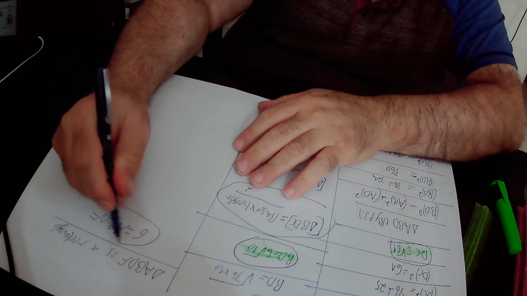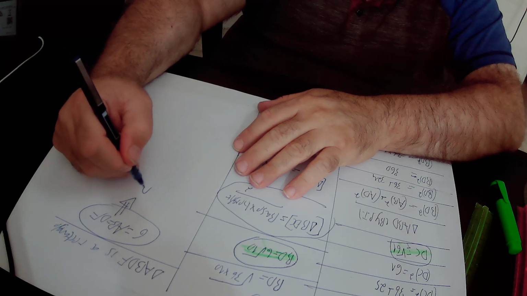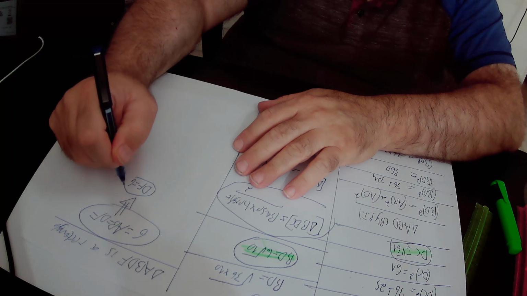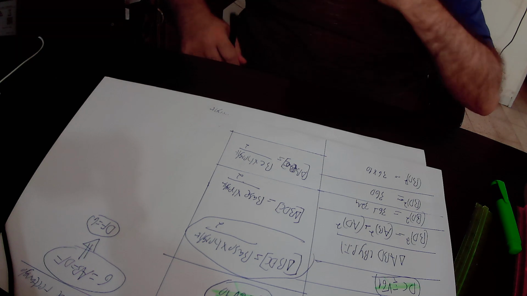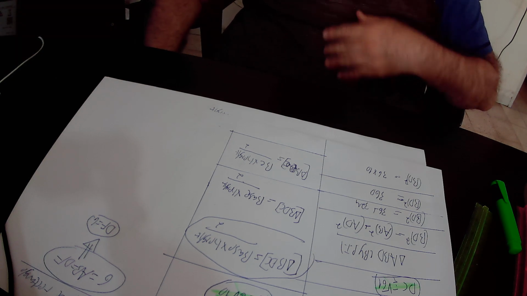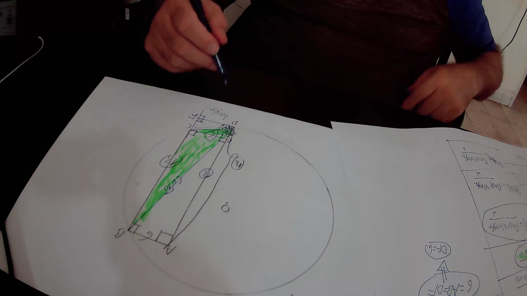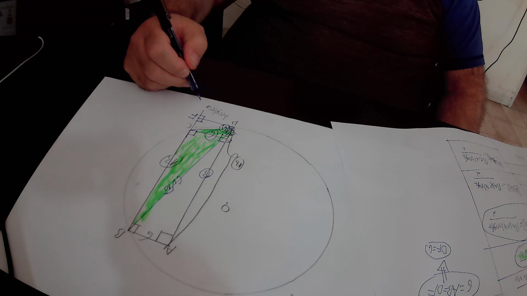And from this equation, 6 equals AB equals DF, we derive that DF also equals 6 units. That is to say, the height equals 6 units. Here the height is equal to DF and it is equal to 6 units.